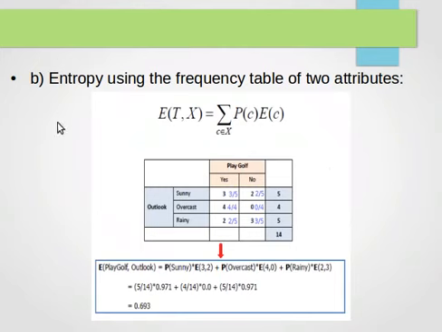The second one is entropy using the frequency table of two attributes. Let's say, for example, we split using Outlook. Now focus on this frequency table for the Outlook, and notice the counts. We build the frequency table against the class values, and now we're only concerned about the rows.